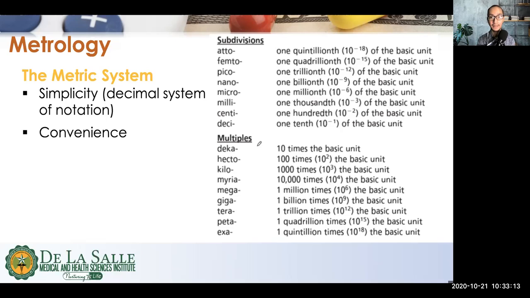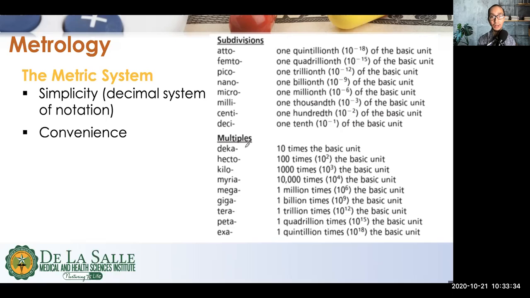For example, if the measurement is a tenth of a meter, then we call it a decimeter. If it is a hundredth of a meter, then we call it centimeter. If it is a thousandth of a meter, then we call it a millimeter.